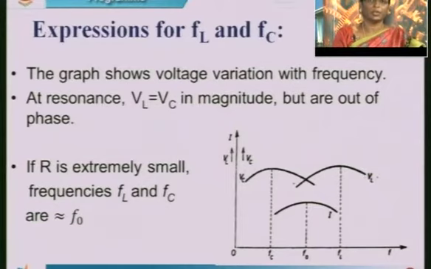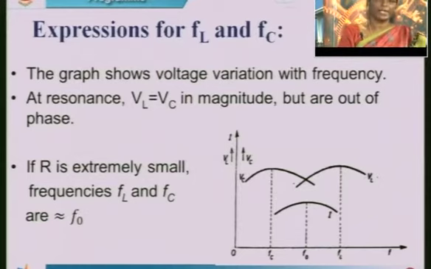If you check the curve, at the frequency FC the voltage across the capacitor is maximum. Before the resonance frequency, between 0 and F0, the capacitive reactance dominates, and the voltage across the capacitor is maximum at frequency FC.